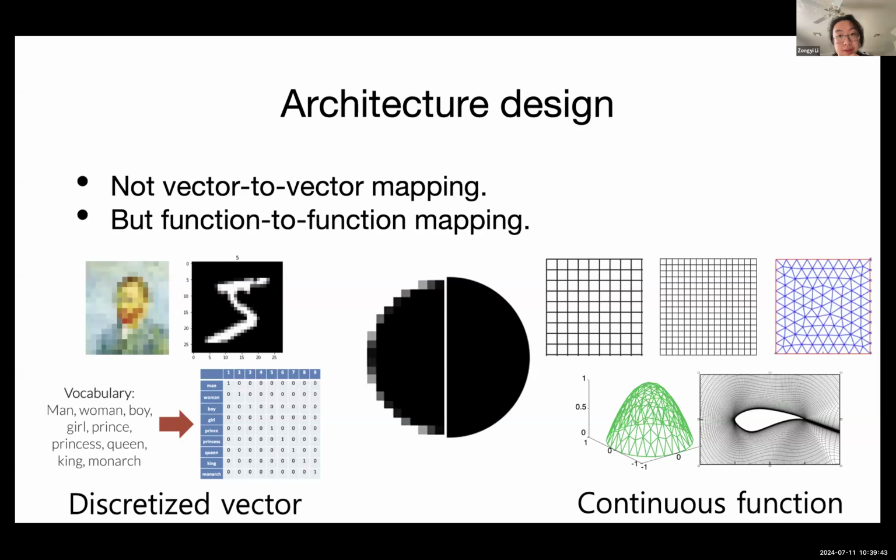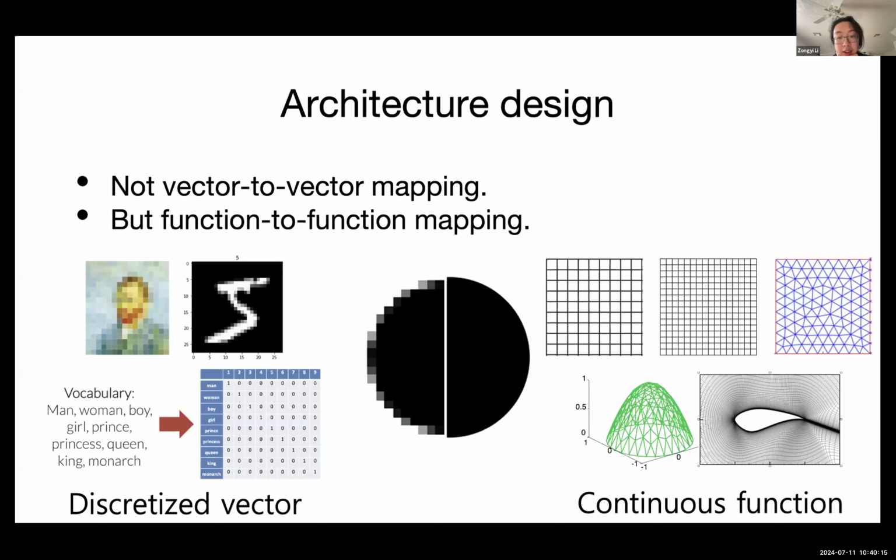And after this problem is defined, we need to consider the best models for operator learning. Because the underlying problem is not a vector-to-vector mapping, but a function-to-function mapping, we need to consider the best discretizations. If we use a fixed discretization, say a 64 by 64 grid, then such a model cannot be applied to other datasets with different discretizations.